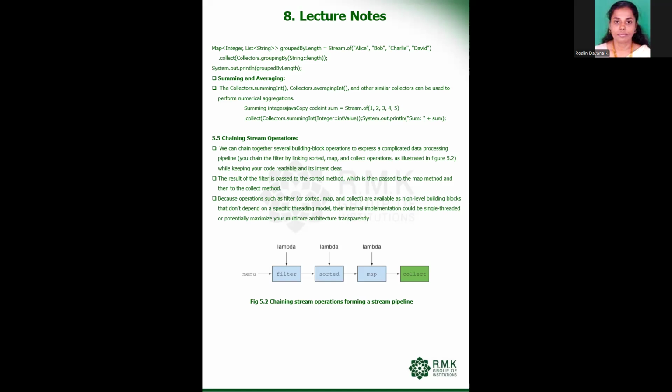Summing and averaging. This method can be summingInt of, averagingInt of, or summingDouble of, summingLong of, averagingLong of, averagingDouble of. Any of these methods can be used for summing or averaging a collection of stream values.